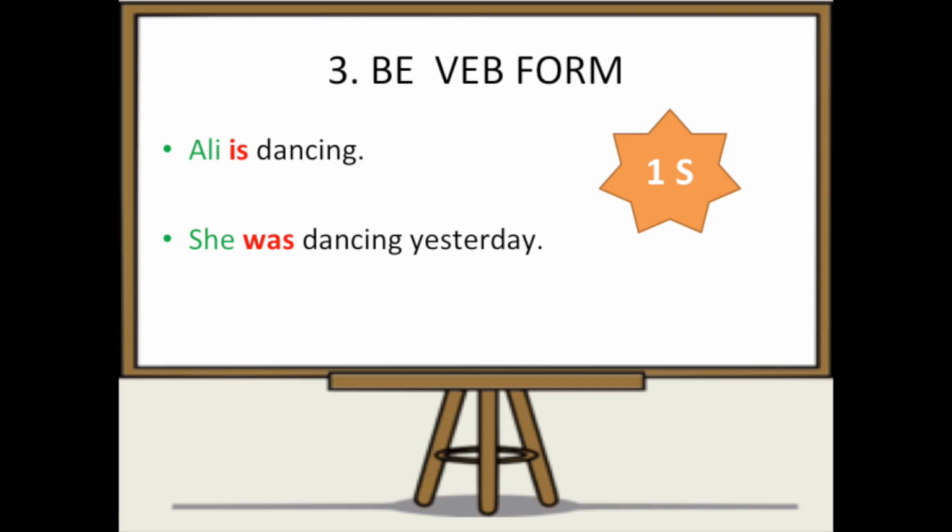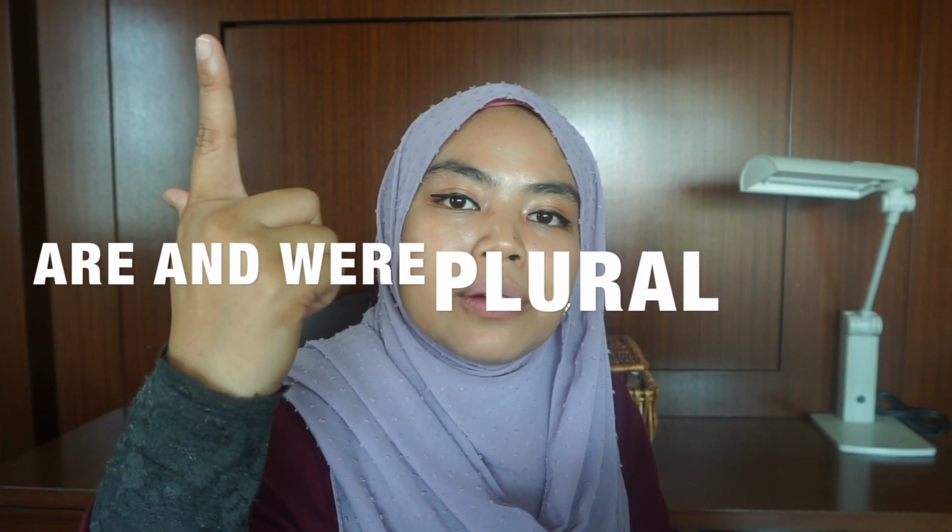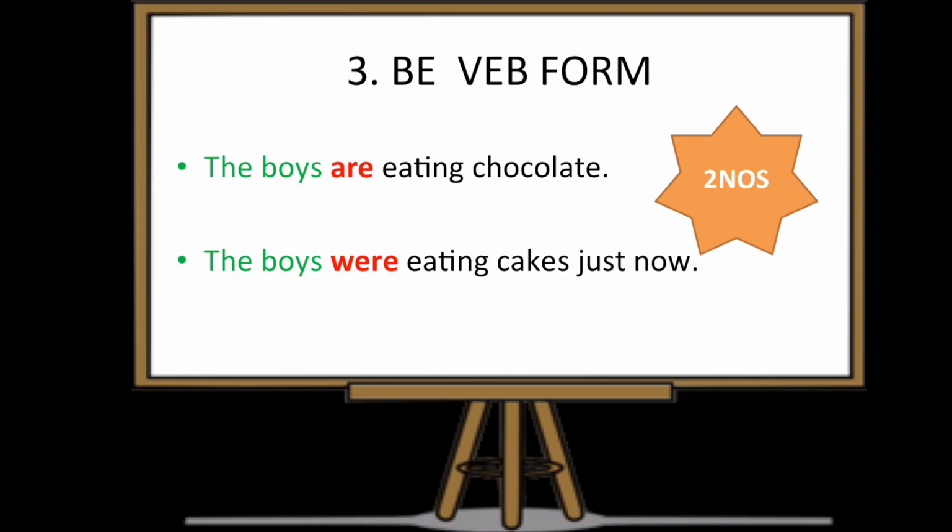For example, Ali, one. Ali is dancing. And then she is still one. She was dancing yesterday. Alright, got it? Okay, are and were are used for plural nouns. For example, the boys are eating chocolate.